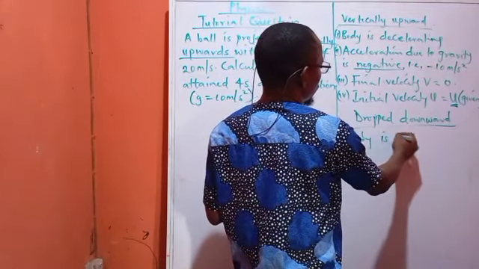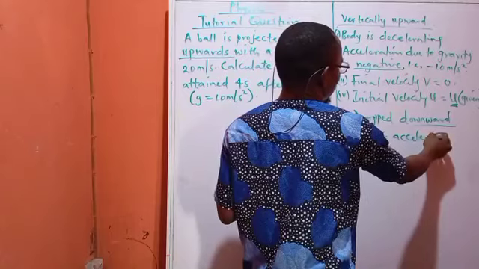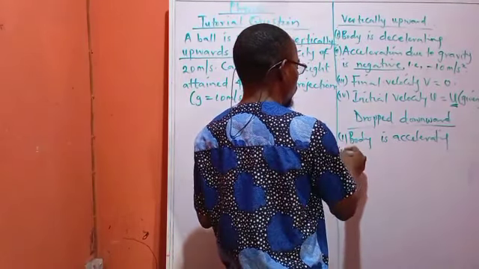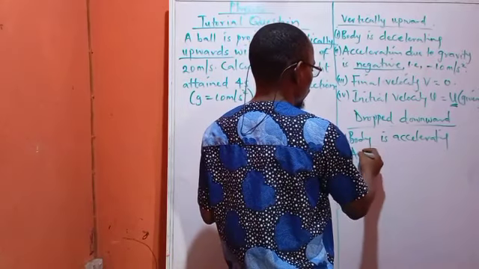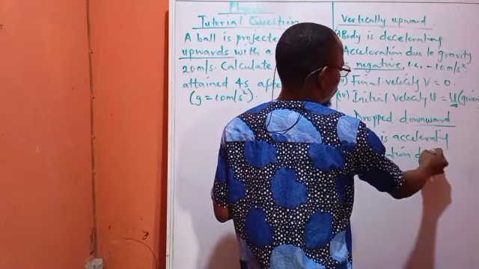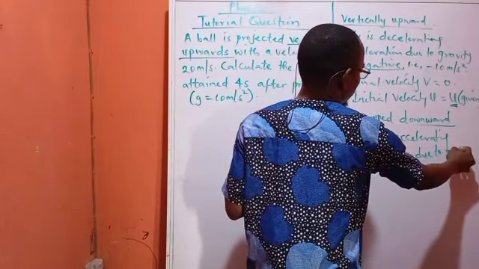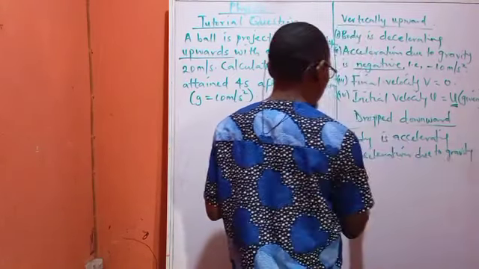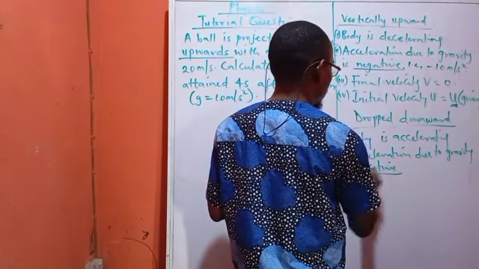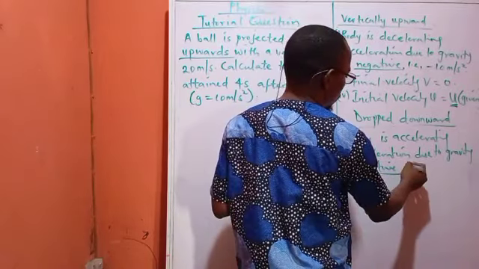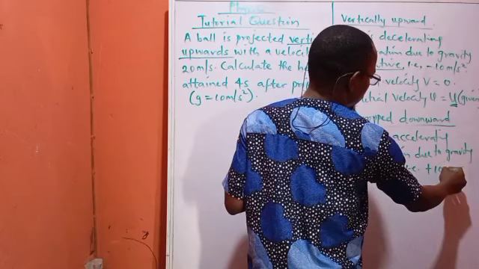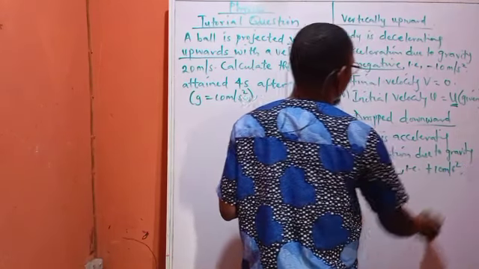Such a body is accelerating, and point 2 is that the acceleration due to gravity is positive. That is, it will be plus 10 meters per second squared.